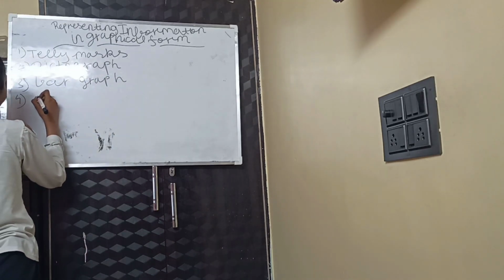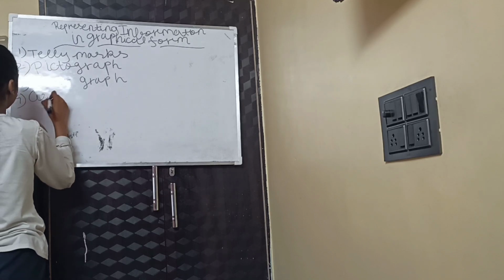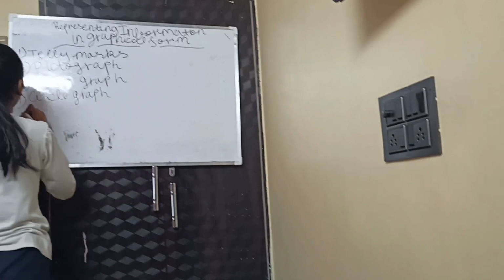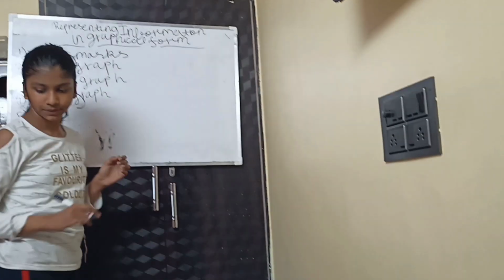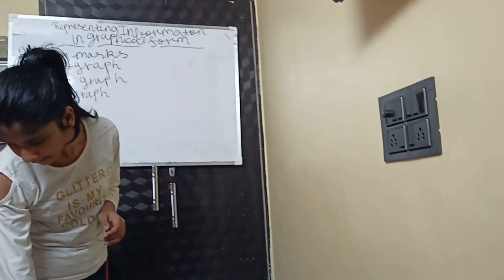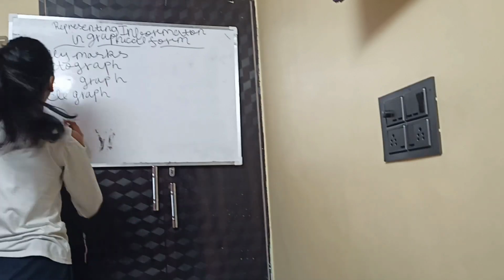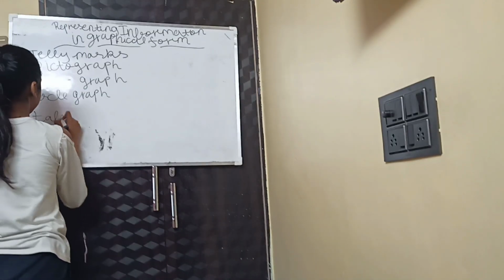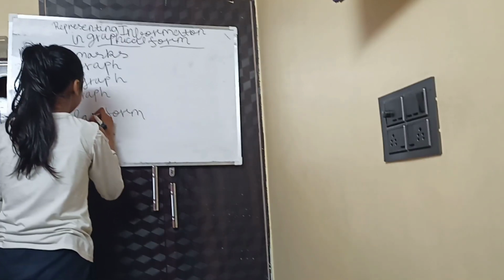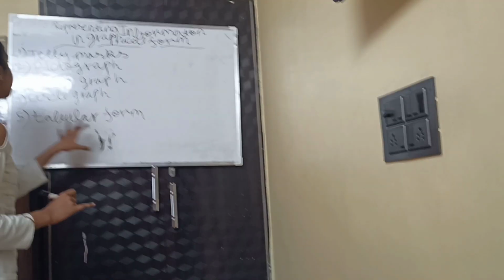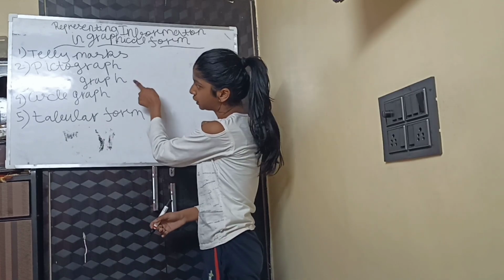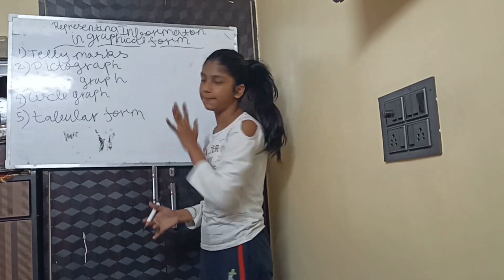Fourth one is circle graph. Then we have tabular form. So these are the topics which we will learn in this chapter.